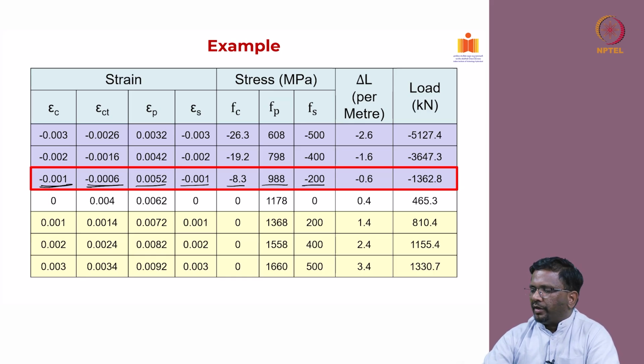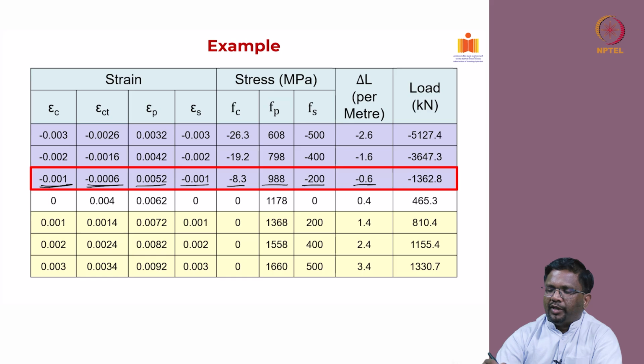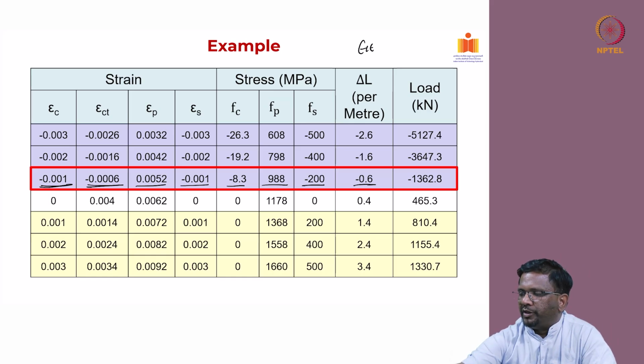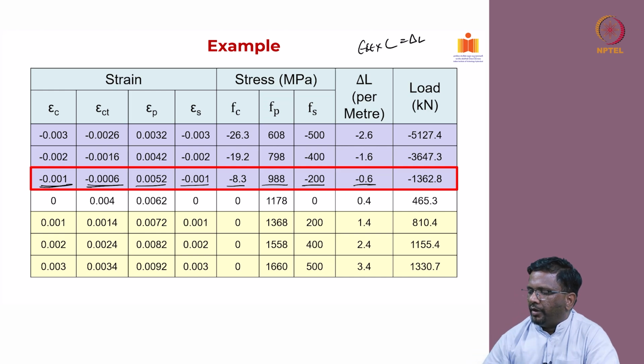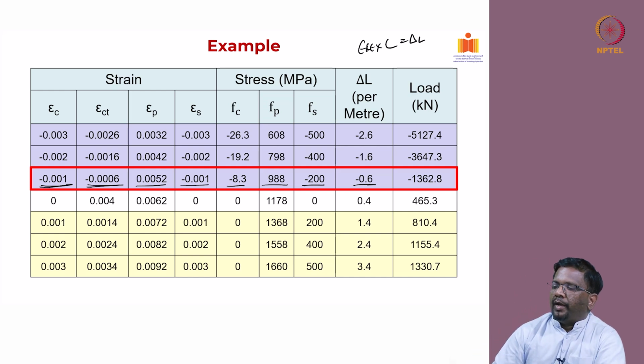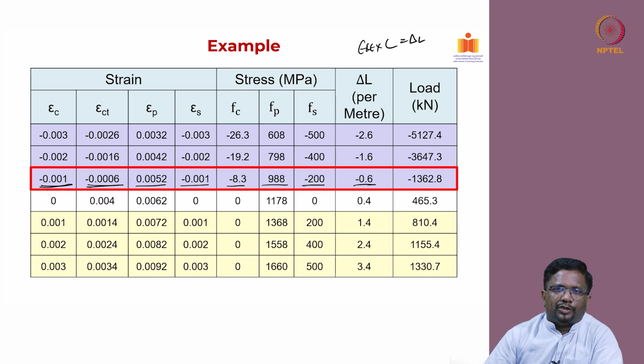Now, the deformation is basically epsilon Ct multiplied by L, that is your delta L, right. So, you get 0.6 millimeter, and the load resistance is 1362.8 kilonewton, right.